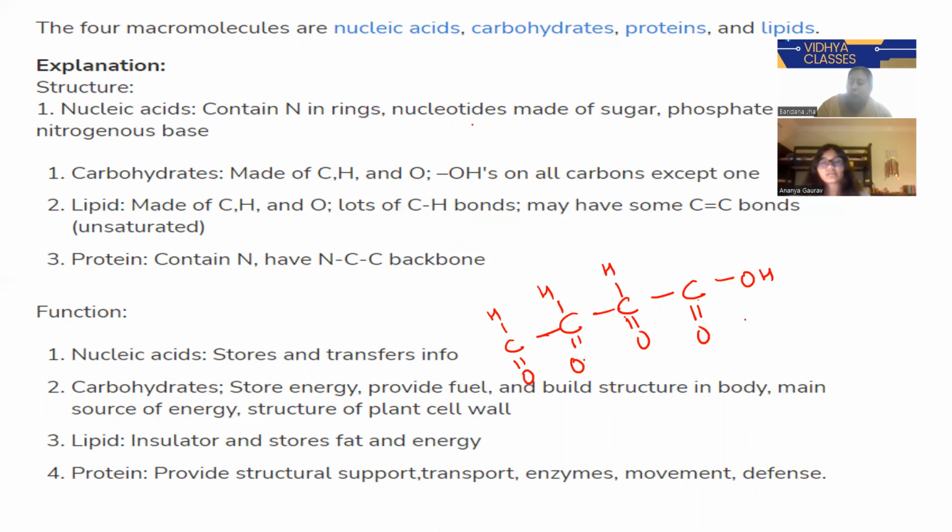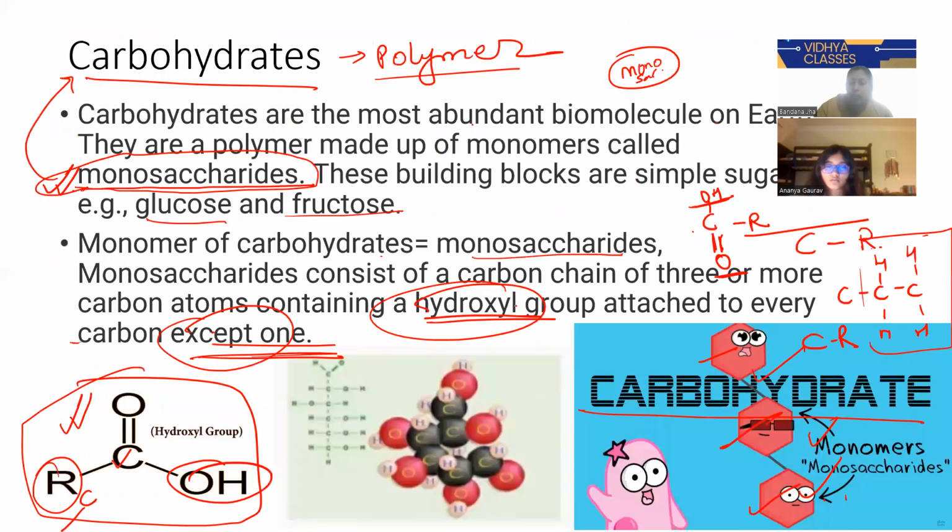What does it mean by except one? This hydroxyl is attached to every carbon except one carbon. See, you can see here also: only OH is here, then carbon, carbon, carbon like this, then OH is here, H, H, OH, OH, H, OH, H. It means a double bond O is there with only one carbon.